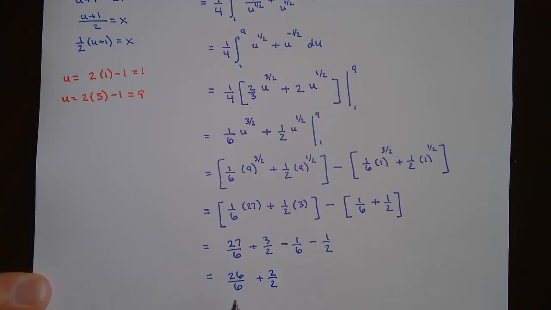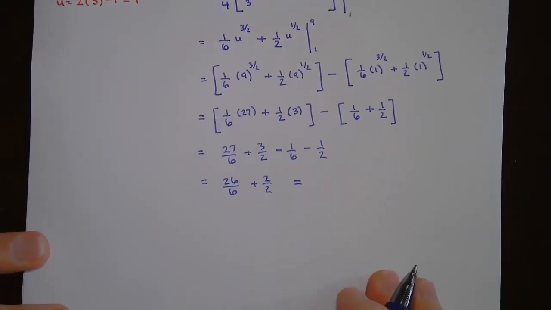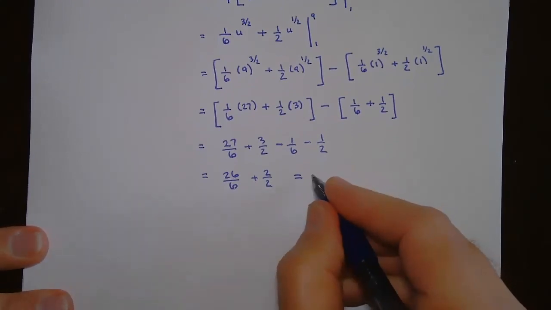Now 26/6, we can reduce this. These are both even numbers, right? So this is going to become 13/3. I'm going to come off to the side here. I'm going to slide up before I forget to slide it up. So this would be 13/3 plus 2/2.